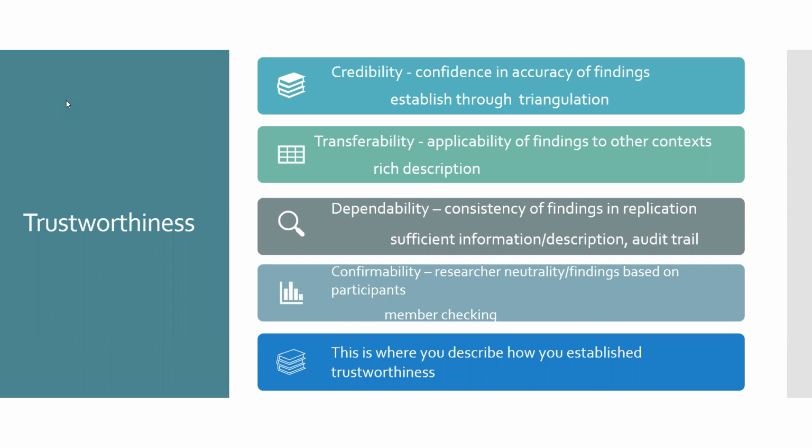How much description of the proceedings, of the phenomenon, of the meaning, that can help people see how transferable this is. That's something you should be looking for in the literature you review for your lit review, because there may not be a lot of data and a lot of research on your particular phenomenon, but there may be similar phenomena that people have studied, or maybe the same thing, but with a different population, a different demographic, a different culture.